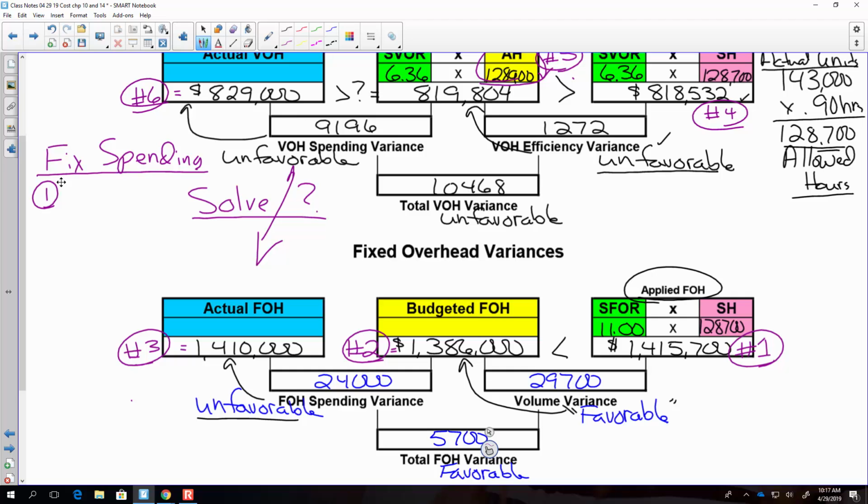What else causes a spending variance, either variable or fixed? The quality of the stuff we buy. We have to talk to purchasing, right? Maybe the buyer is charging us more. That could be a possibility. What's another possibility? We've talked about it.